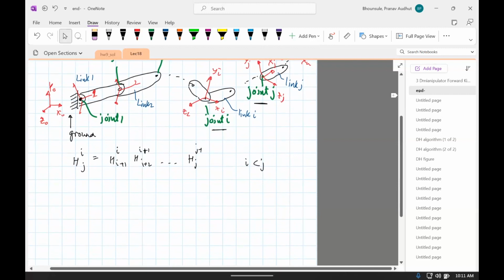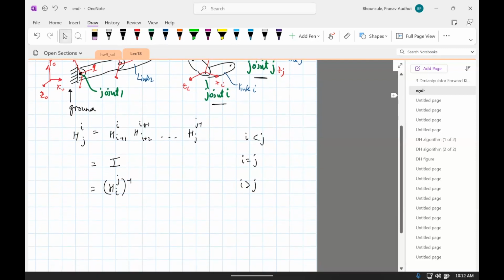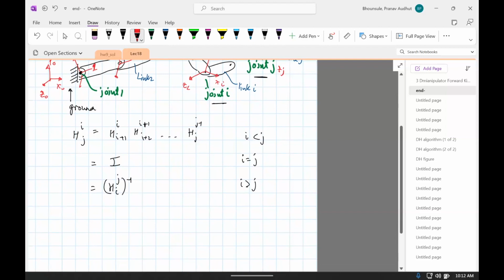If, however, i was equal to j, then this will be identity. And if i was greater than j, this would be the inverse of H_i^j. So this is a 4 cross 4 homogeneous matrix.